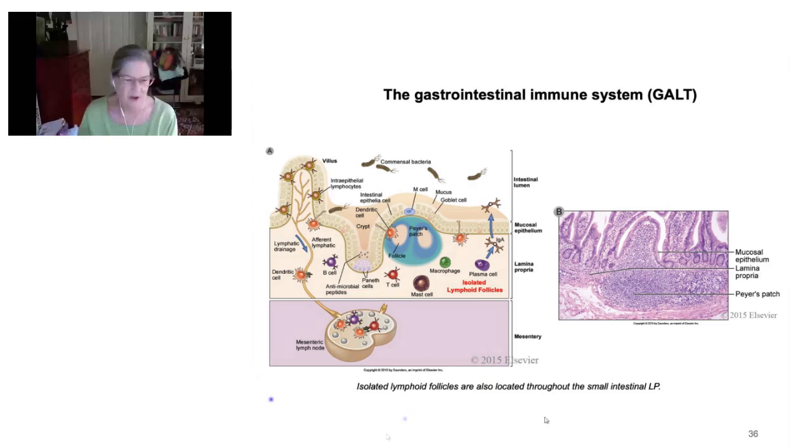You've got the inner lining of the tube, fibrous connective tissue and stuff like that. So if this is the tube of your gut, the basement membrane is here. But the lamina propria plus the mucosal epithelium constitutes the mucosa.